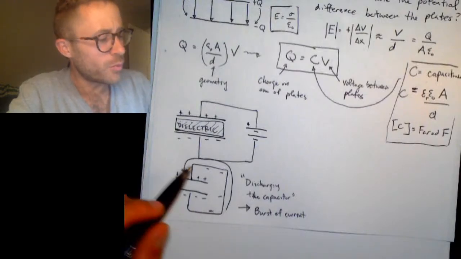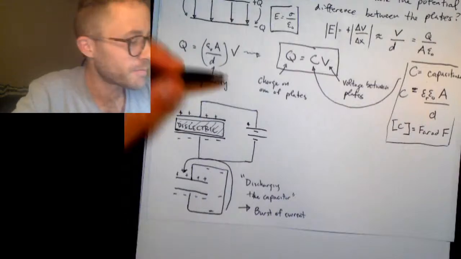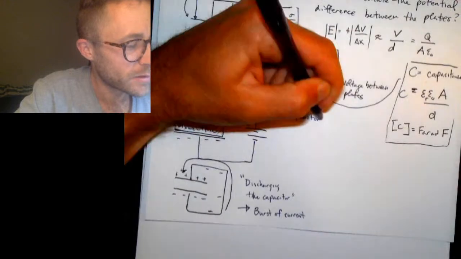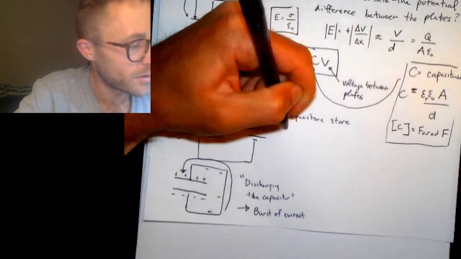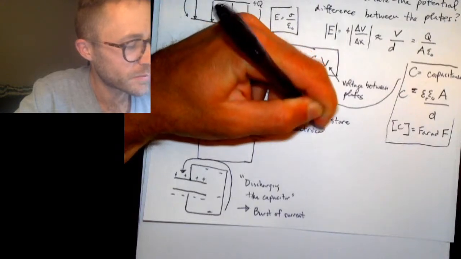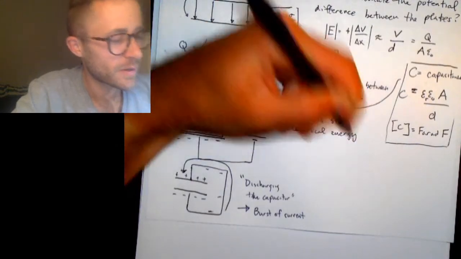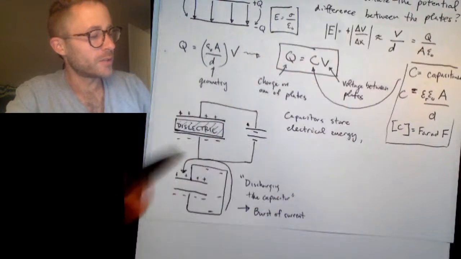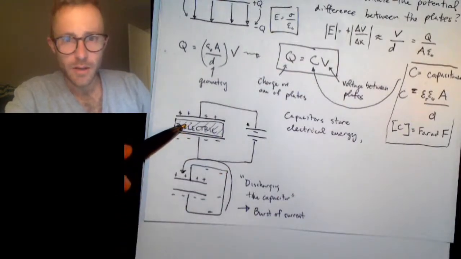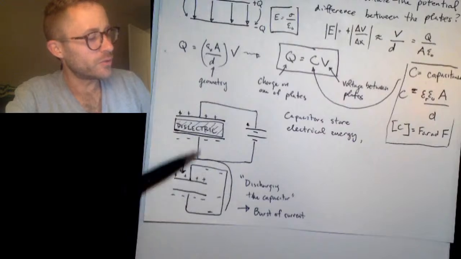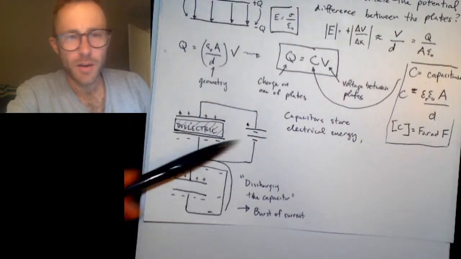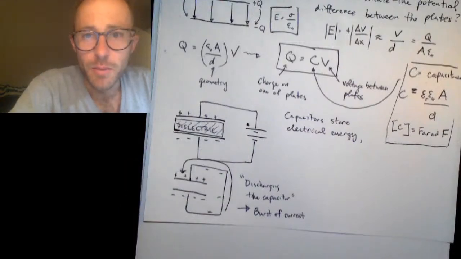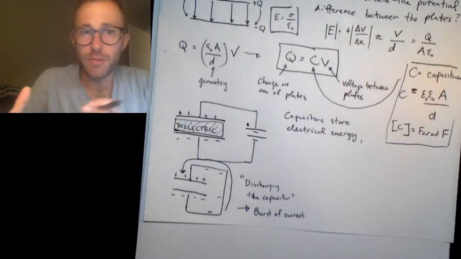So basically what capacitors do is they store electrical energy. Now a battery is somewhat different, because a battery gives you electrical energy, but it's actually storing that energy in the form of chemical potential energy.